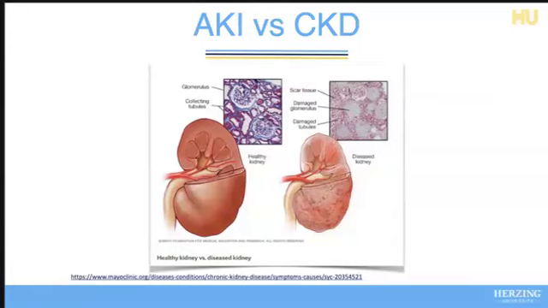Renin initiates the RAS cascade, leading to the formation of angiotensin 2. Angiotensin 2 causes vasoconstriction of the efferent arterioles, increasing intraglomerular pressure and systemic blood pressure.